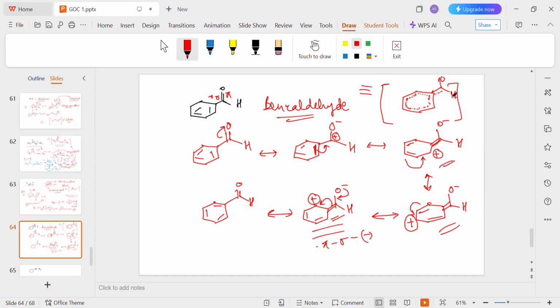Now, did double bond character ever develop in this carbon and hydrogen bond? No, not in this structure, not in this, not in this, and neither in these 3 structures. You have a double bond character development here.